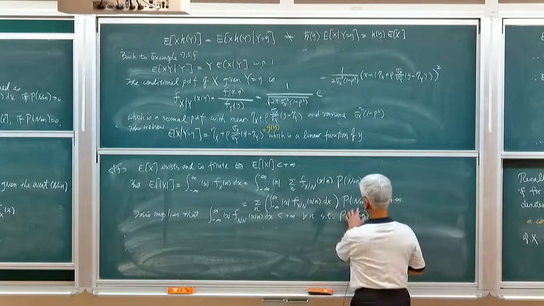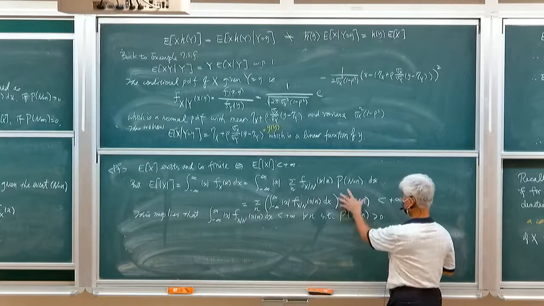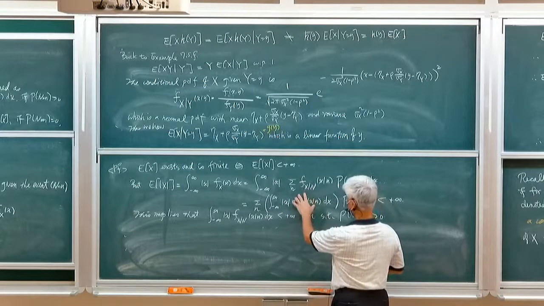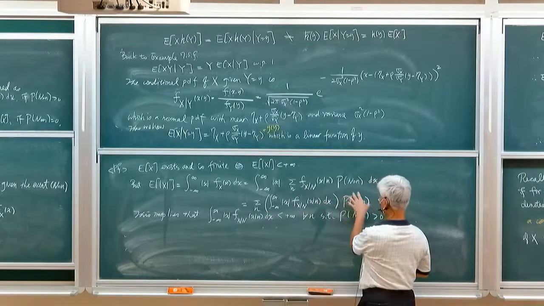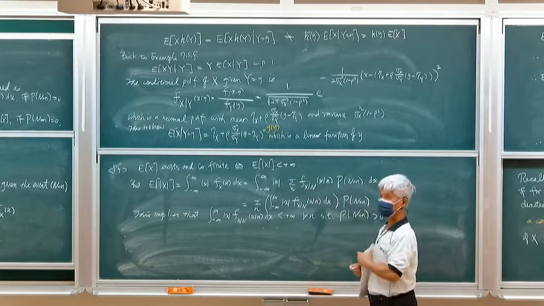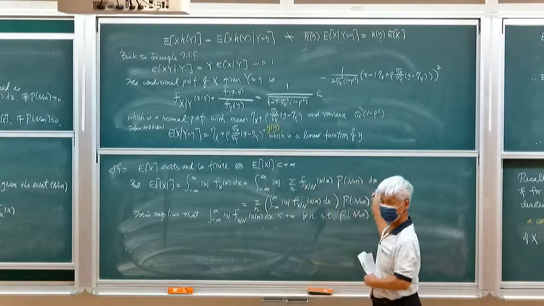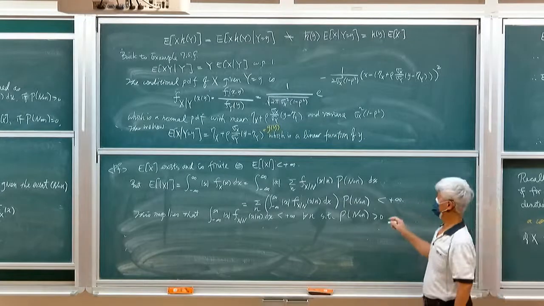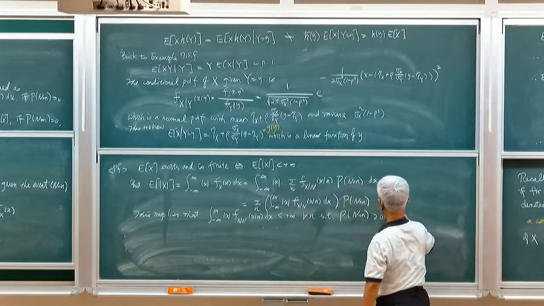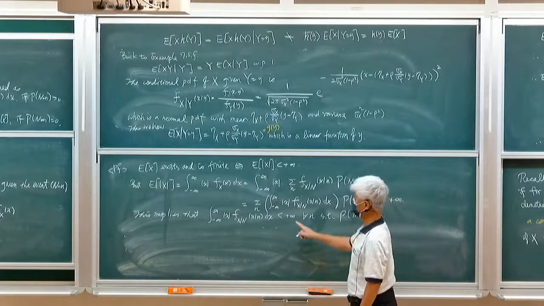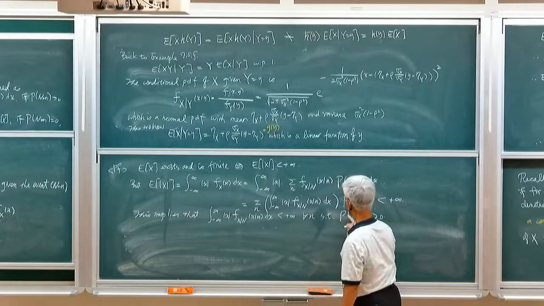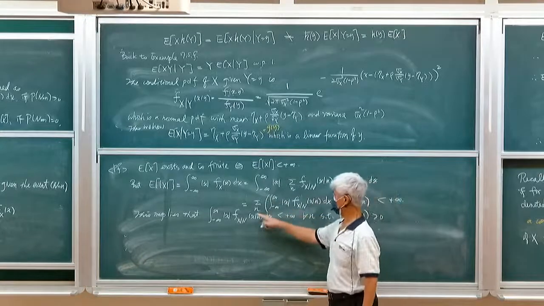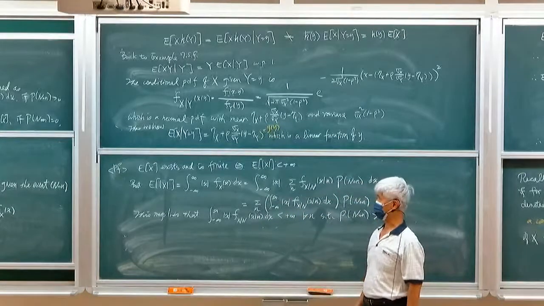Because if for some little n this is positive and this is infinite, an infinite number times a positive number is infinite again, so the sum becomes infinite. It's a contradiction. So this sum is finite, which implies that if this probability is positive, then this integral should be finite.